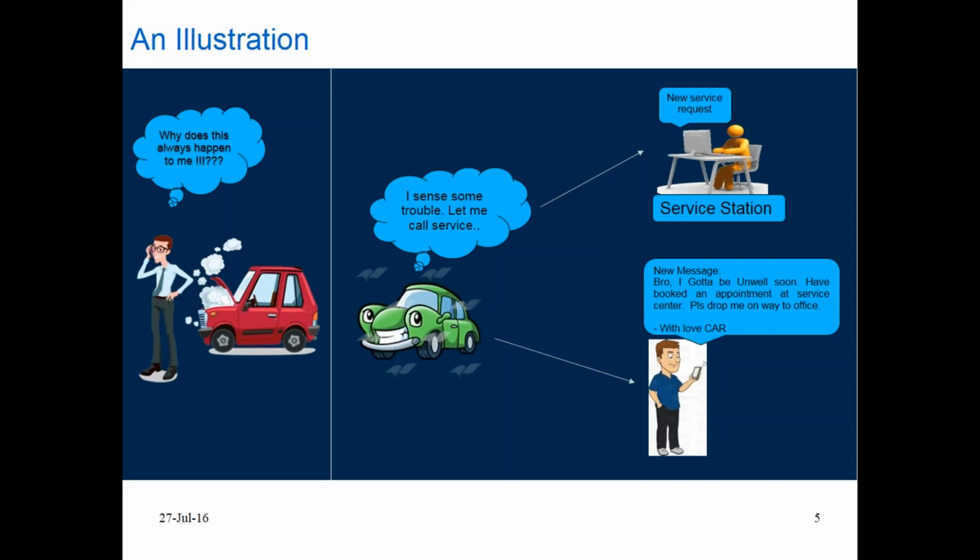So how can this be avoided with Internet of Things? Your car will have sensors connected to it. It will pick up your tire pressure, your brake fluid, and your engine performance, and it will analyze and determine how your car is performing.